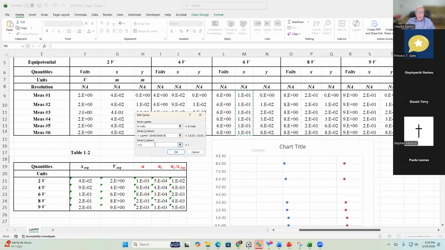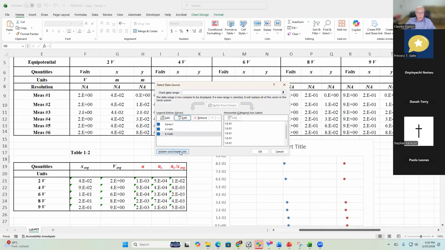It gets the coordinates of those points and types them here. See that? M9 to M14. This is column M, row 9 all the way down to row 14. Go to the Y value, erase what you have here, and highlight the Y values.